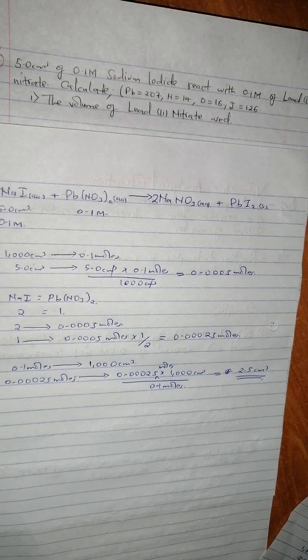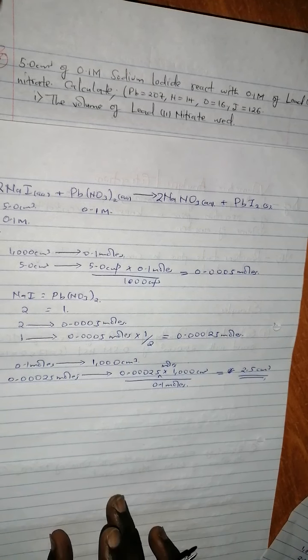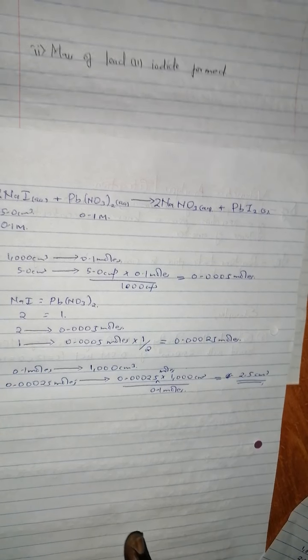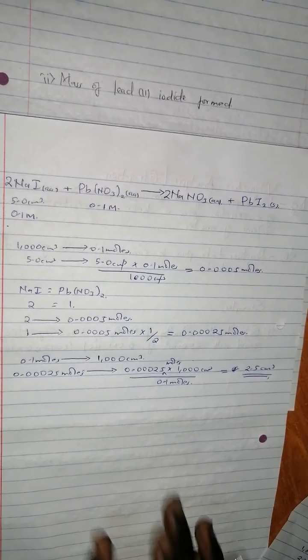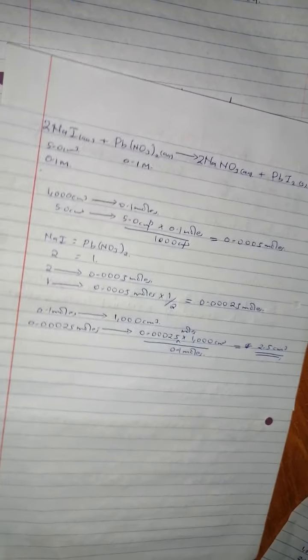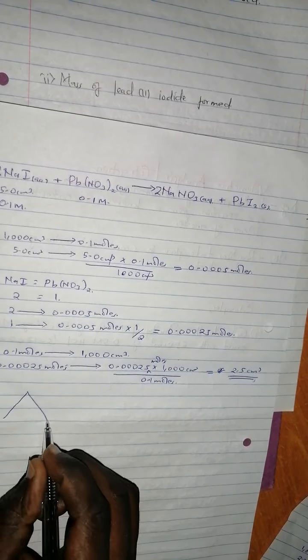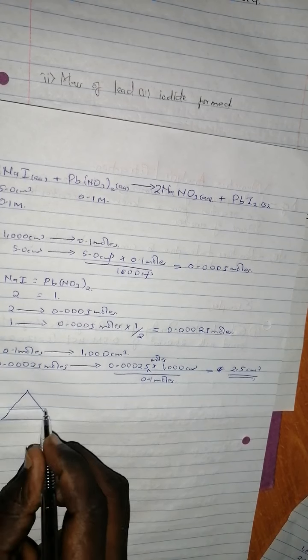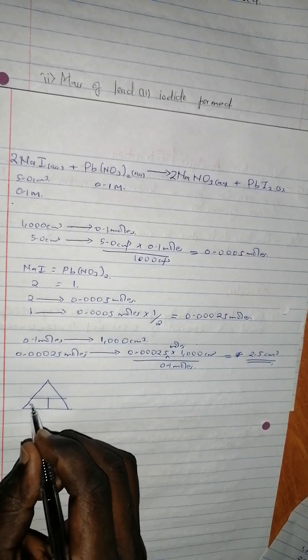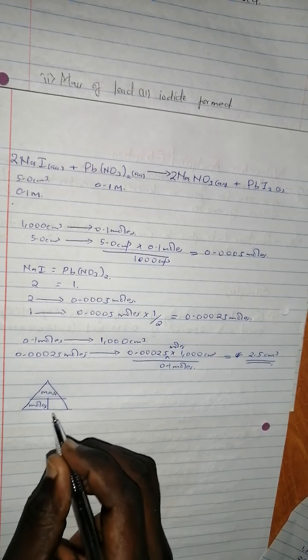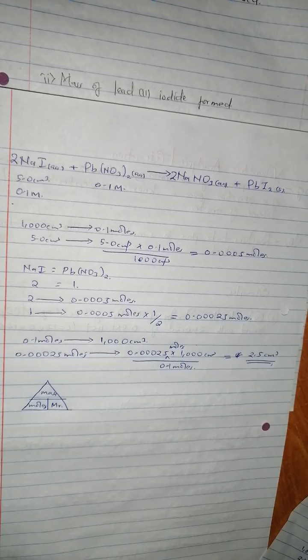Now, we have the final simple question that we are asked. Calculate the mass of lead iodide that is formed. And how do I calculate the mass of lead iodide? Remember, in my previous video, I talked about a triangle. In this triangle, I said that if I am given the number of moles of anything, I'll get it from mass divided by the relative molecular mass.